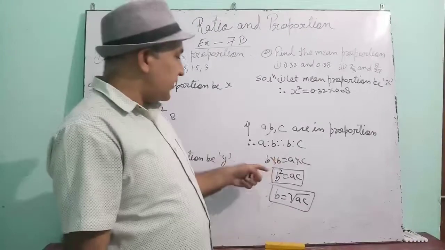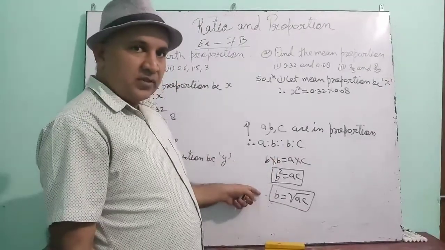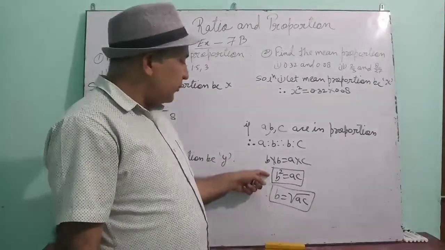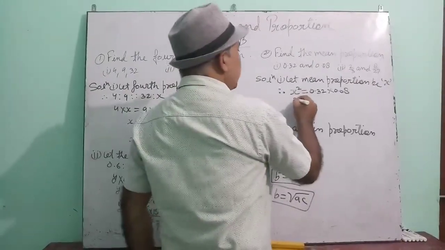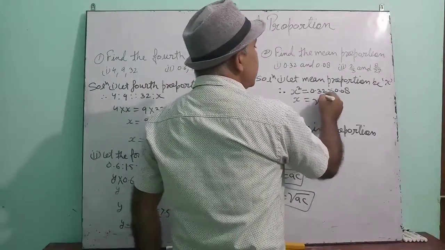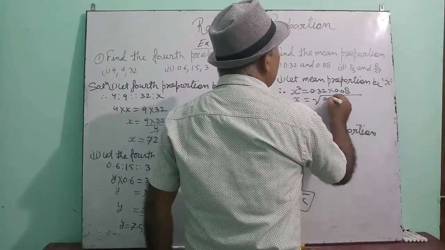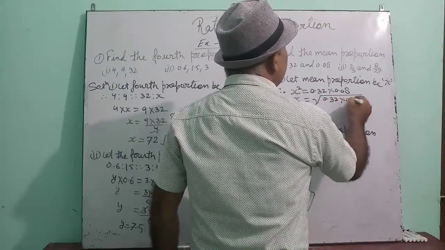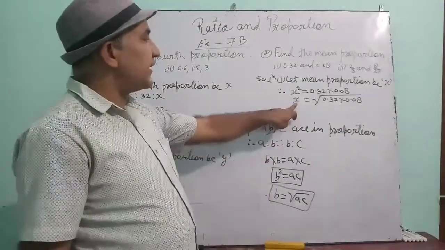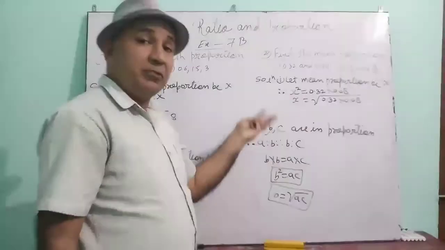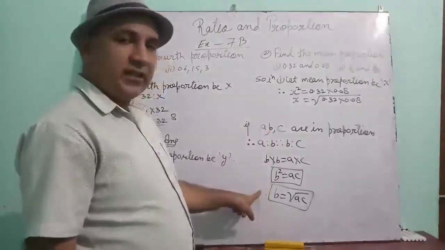This is the benefit if we have learned it. Okay. Mean proportion square is equal to product of extreme. So what will be the value of x? Square root of 0.32 into 0.08. Okay. You can write directly this statement also if you have learned from here.